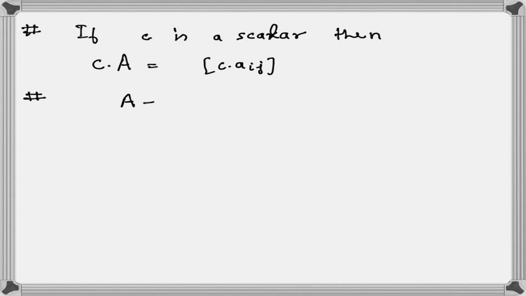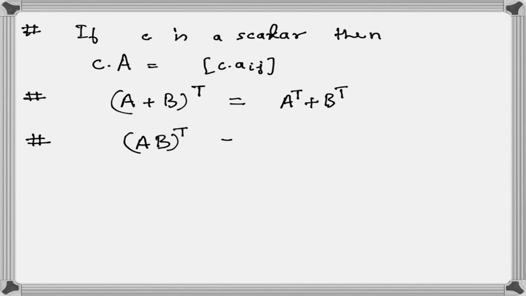Another one is A plus B. If you take any two matrices A and B, not necessarily square, A plus B transpose is the same as A transpose plus B transpose, and the transpose of the product of two matrices AB is B transpose into A transpose.